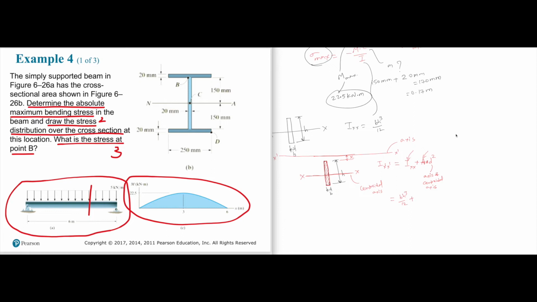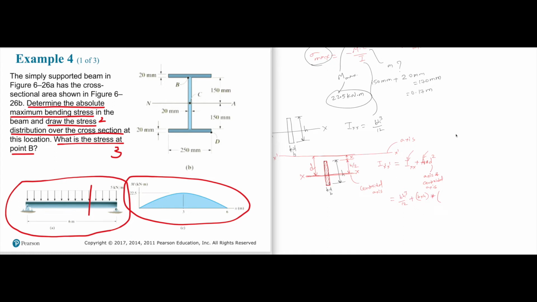What is the area of this element? Isn't it B times H, times what is the distance between? So this is basically called the D. What is the distance between the axis and the centroidal axis? How much is that? If the total height is h, isn't it h over 2?